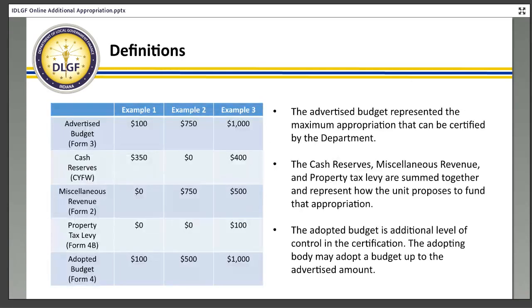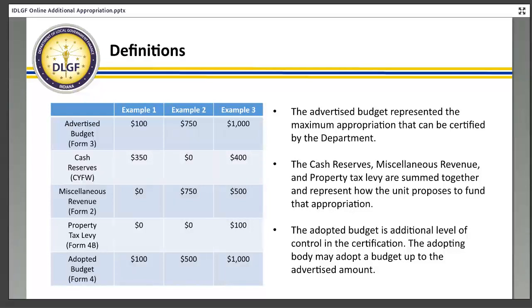Okay. All right, so let's take a look at 3 examples of how the department is going to use those 5 pieces of information to ultimately settle on a certified appropriation or a budget for 3 hypothetical funds.